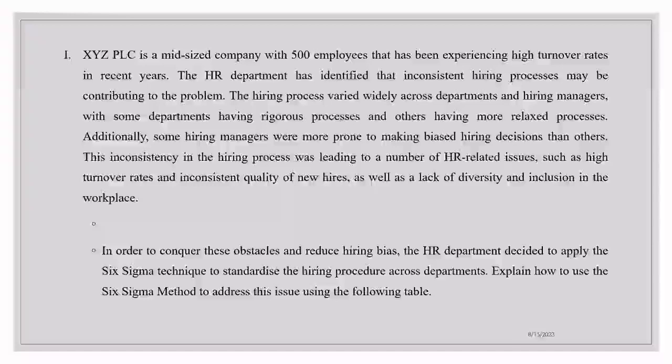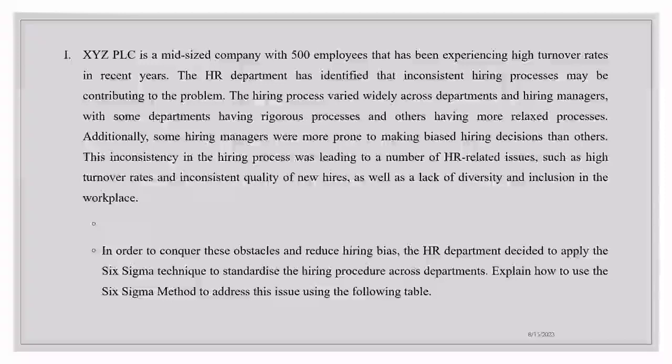The inconsistency of the hiring process was leading to a number of HR-related issues. Yes, automatically it creates a lot of issues, such as employee turnover rate, inconsistent quality of the new hires, as well as a lack of diversity and inclusion in the workforce. In addition to that, there are a number of other issues you can see because of that inconsistency of the process.